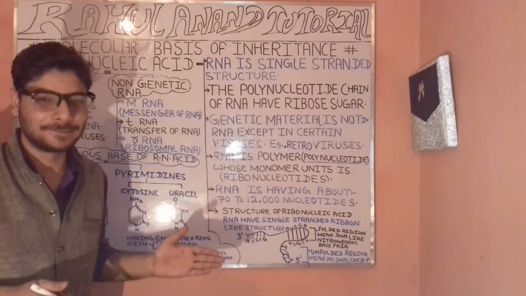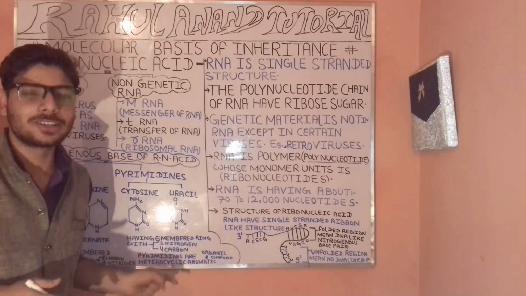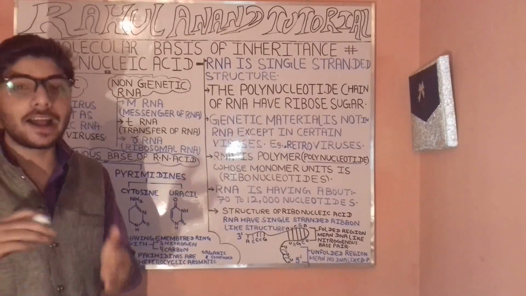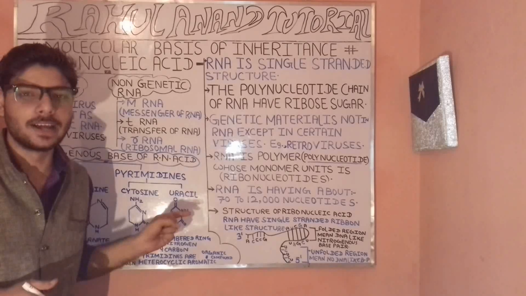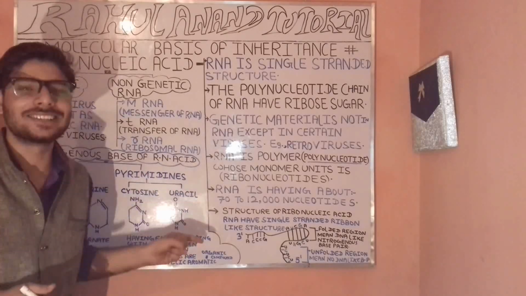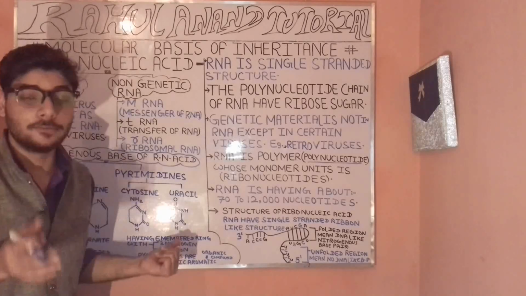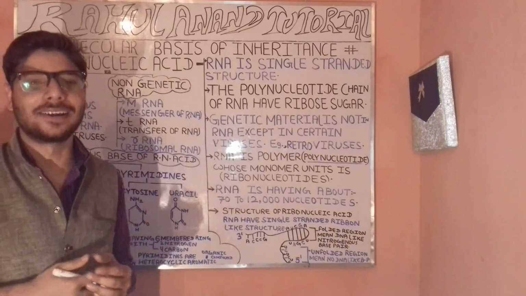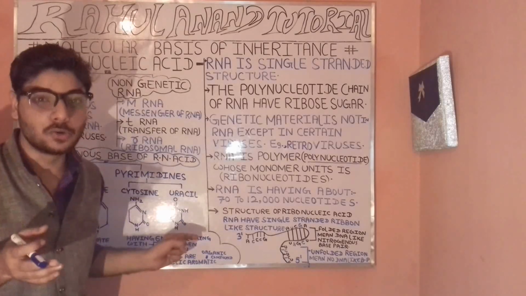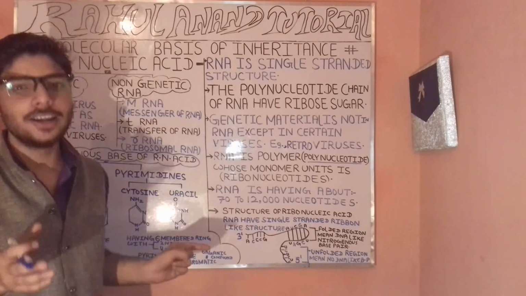When we compare the rings, in the case of the pyrimidines you will have a 6-membered ring, in which we have nitrogen as well as carbon. Here you have 2 nitrogen as well as 4 carbon.